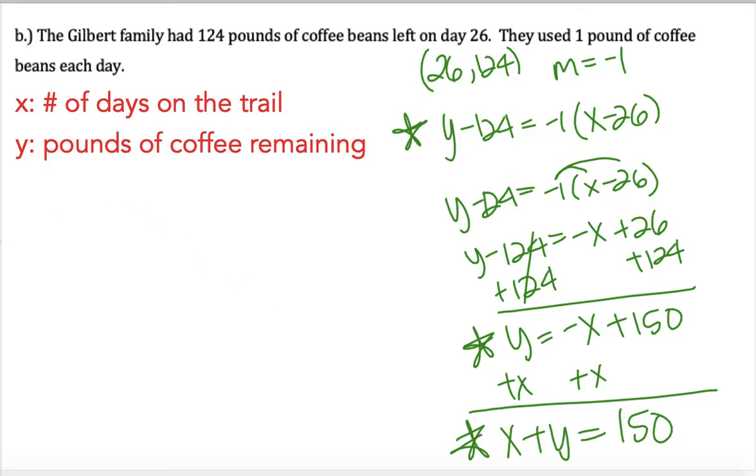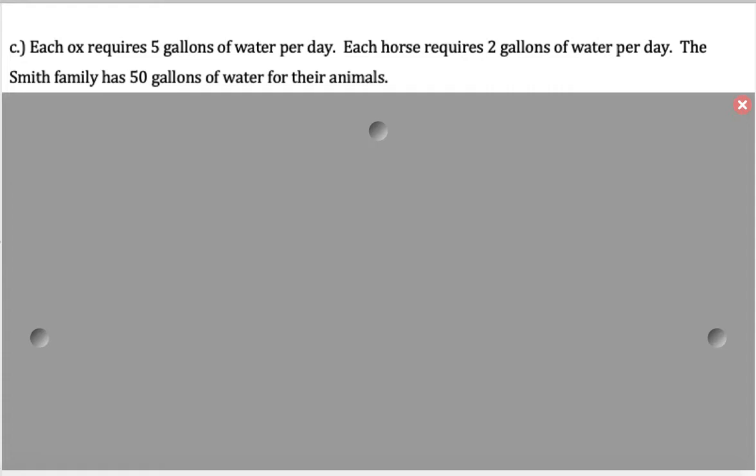All right, in our third example, example C here, each ox requires 5 gallons of water per day. Each horse requires 2 gallons of water per day. The Smith family has 50 gallons of water for their animals. And so this would be a situation where we do not have a specific independent and dependent variable, but our two variables would be the number of oxen in our family and the number of horses in the family.